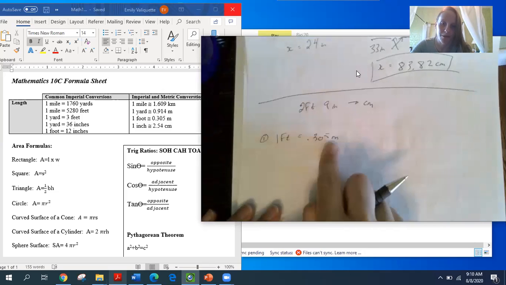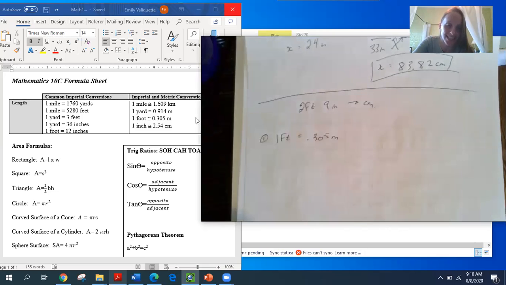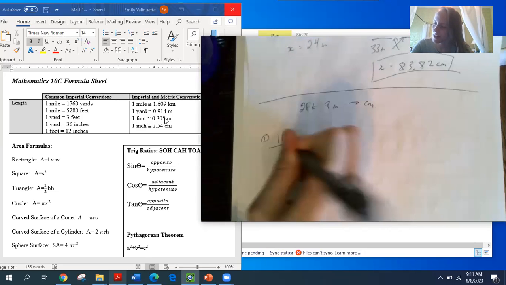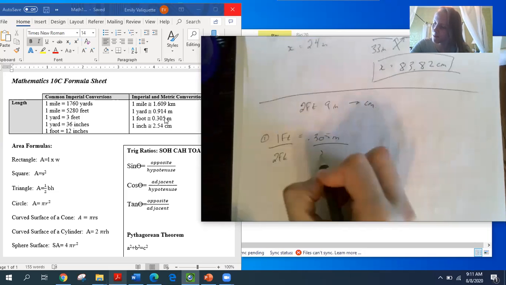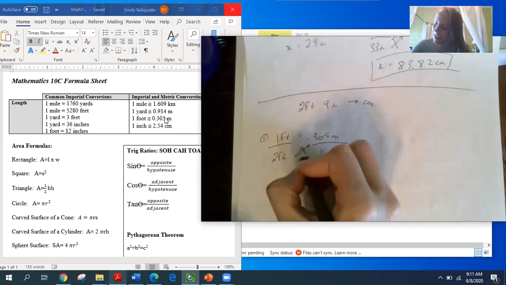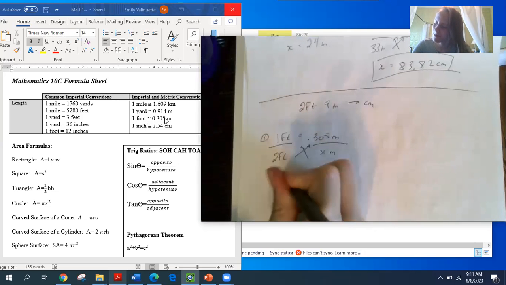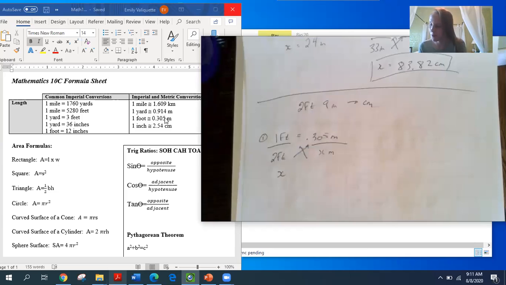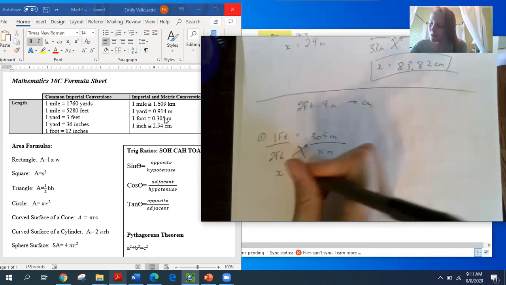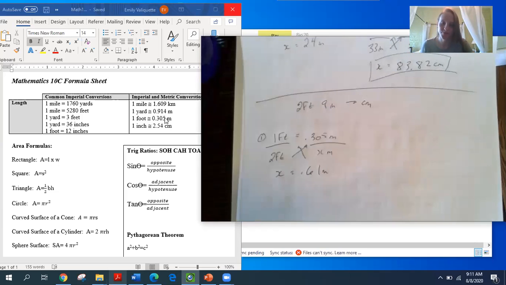You'll notice that I'm doing meters here instead of centimeters, and that's because that's the only conversion that I'm given between imperial and metric units involving a foot. Then I'll stack my units, so 2 feet is equal to how many meters? And cross multiply, x times 1 is x, 2 times 0.305 is 0.61 meters.